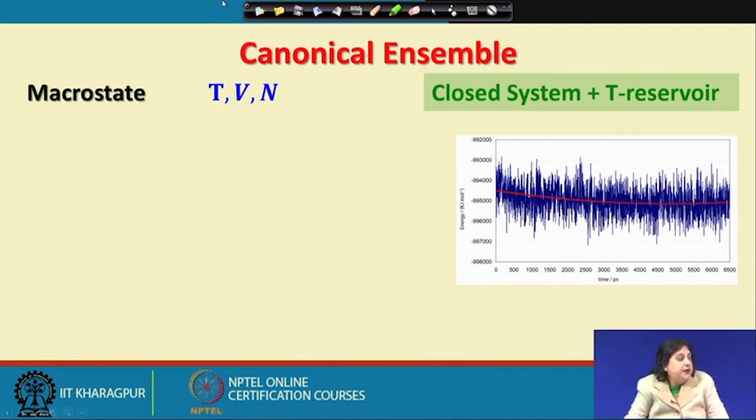This is a typical plot that has been shown over here. As you see, to start with, the system started with some value of energy which is shown here. After some time, its value reached here, and then after some time its value decreased here.